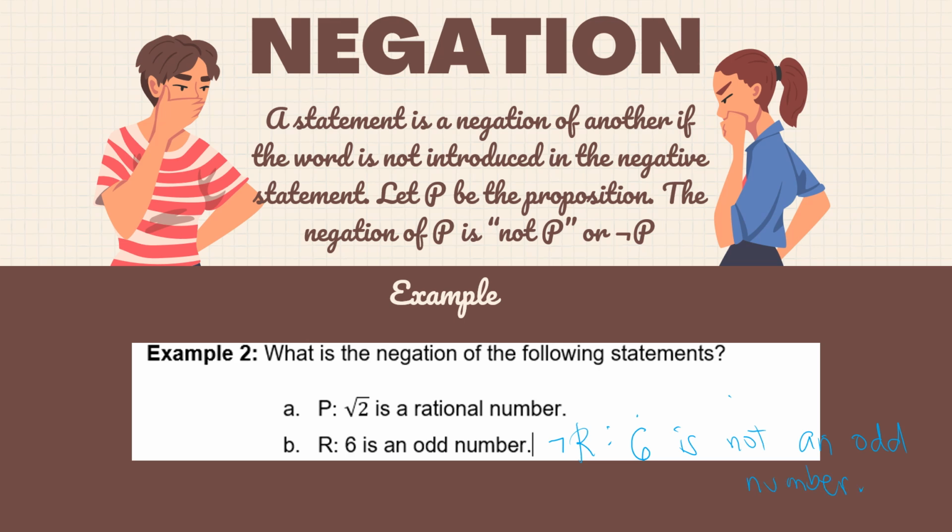Or we can also say, what's the opposite of odd? So the negation of R, 6 is an even number. Do you get it?